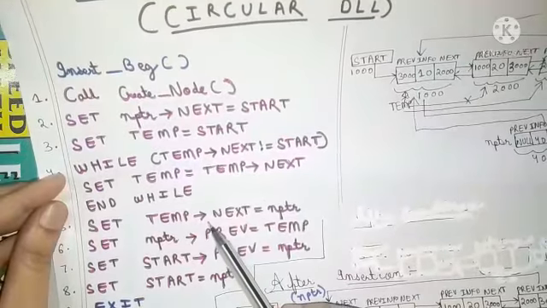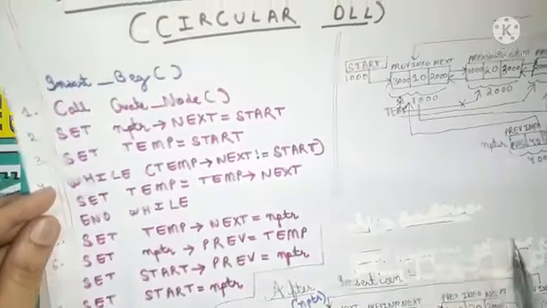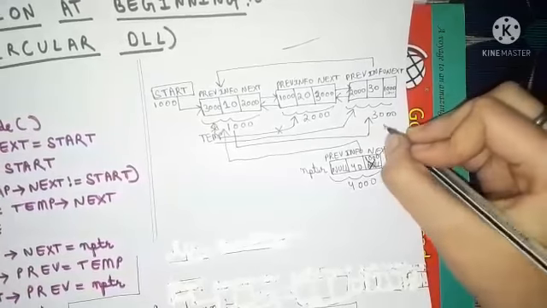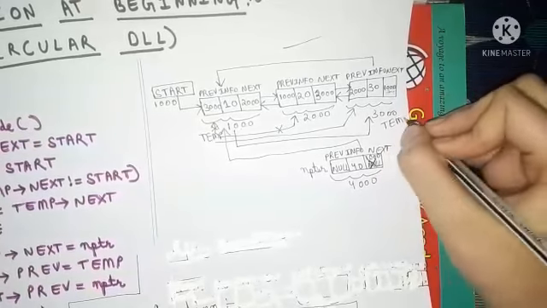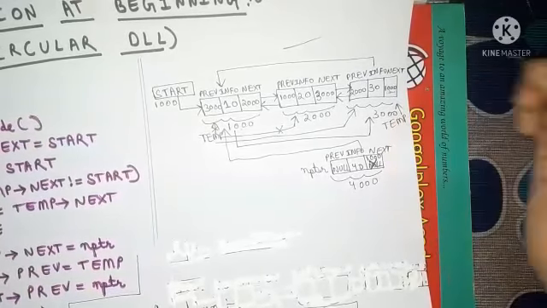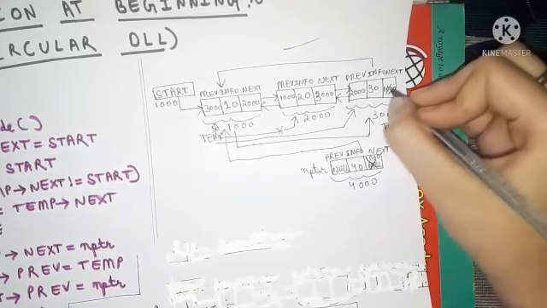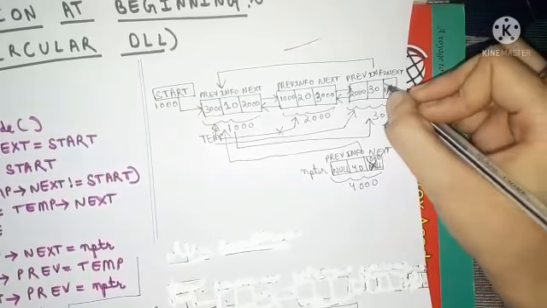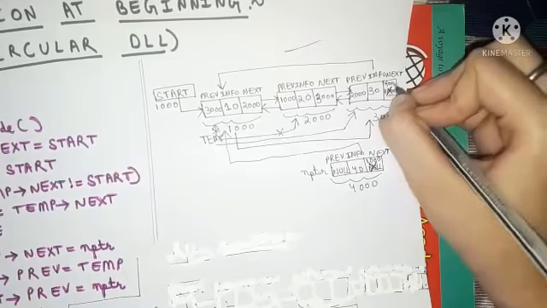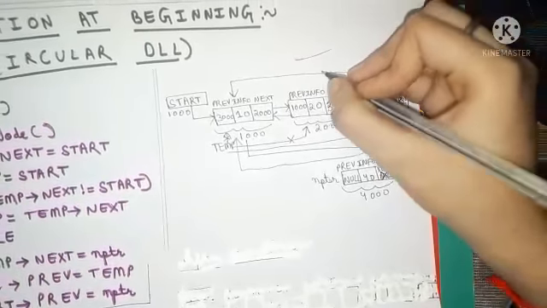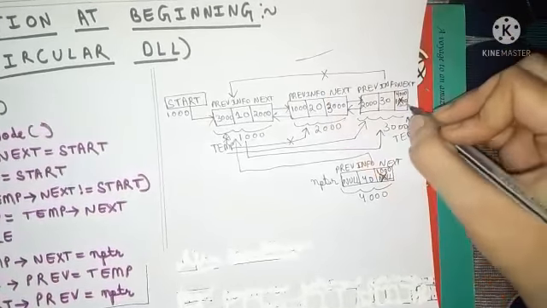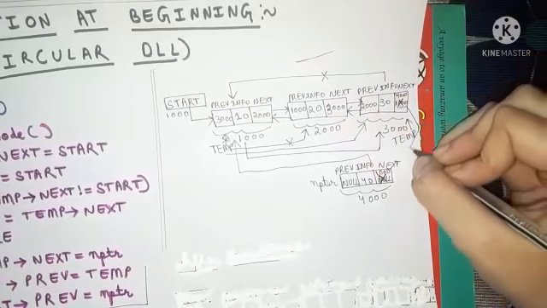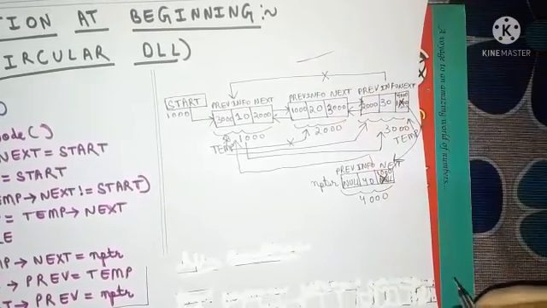After that this step will be executed, that is set temp next is equal to nptr. Now as we know, temp is presently at our last node. So this temp next will no more store the address 1000, but it will store the address of our new node, that is 4000. It will no more point to this, but it will point to our new node, that is nptr.